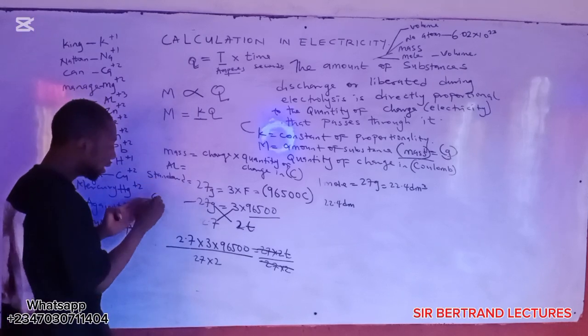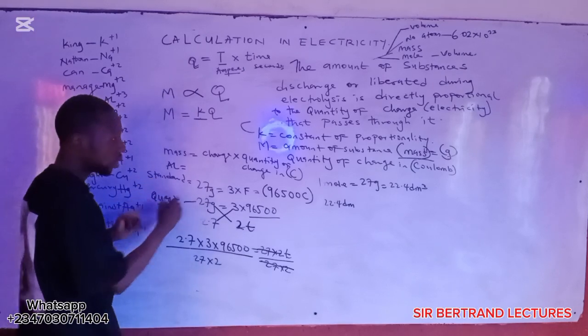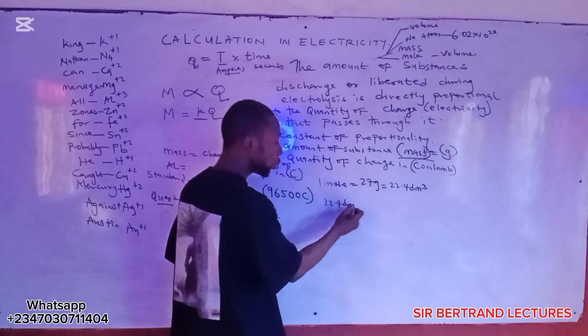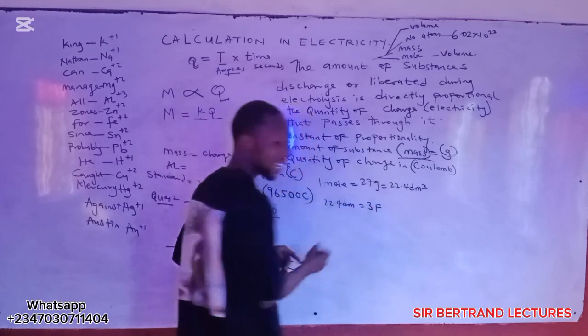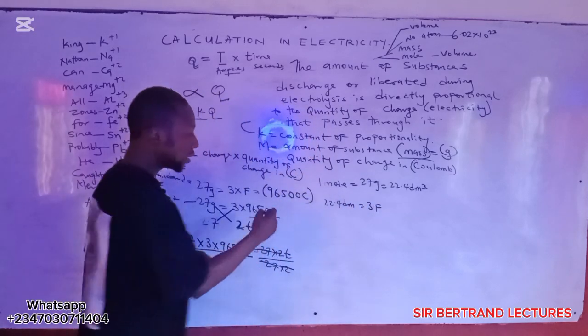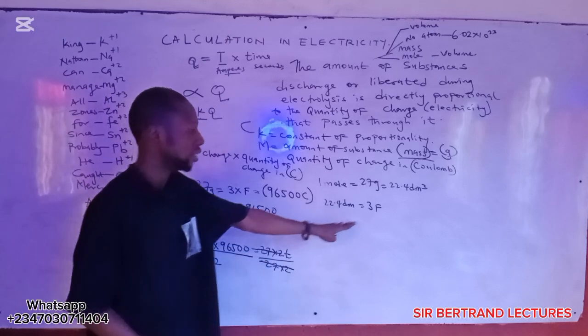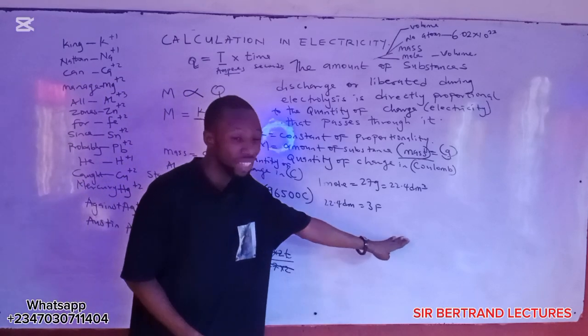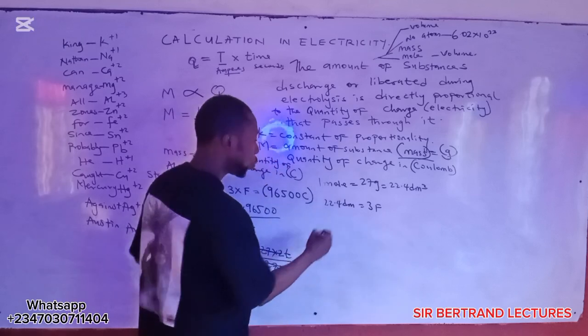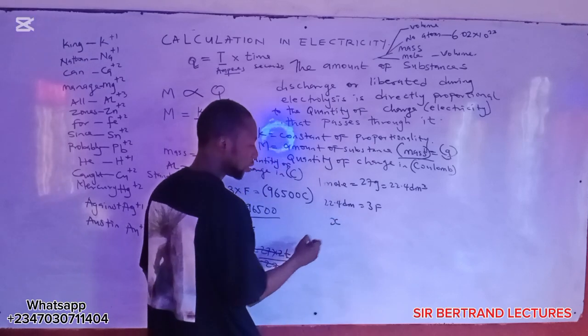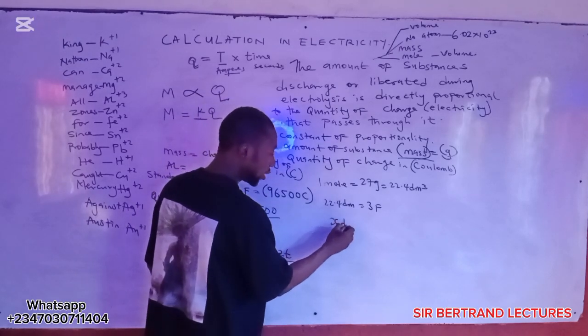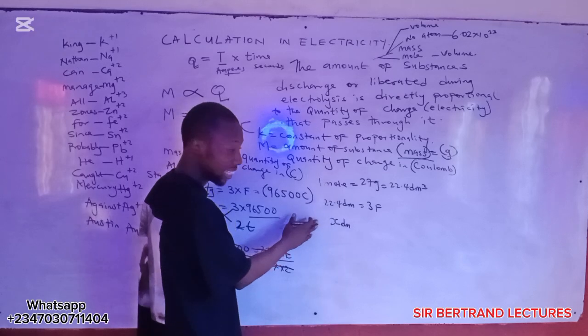This one here is the question given for you. Now, 22.4 dm cube against 3 Faraday. If you are asked to find the volume that will be liberated with a particular given quantity of charge, you are going to make here your x, which you know is already in dm cube. Whatever you get will be in dm cube.